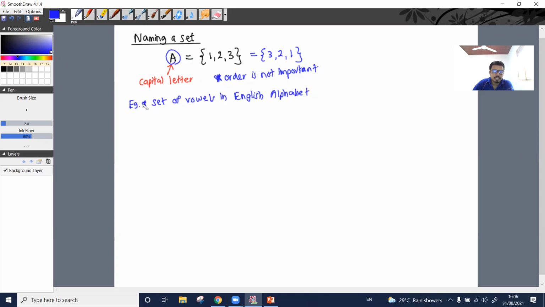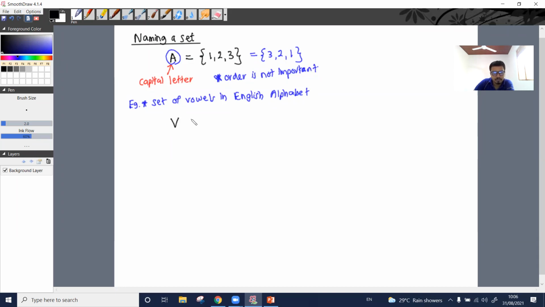How can we write that set? Set of vowels in the English alphabet. We will name the set as V. Capital V, right? Using capital V, we have named the set.